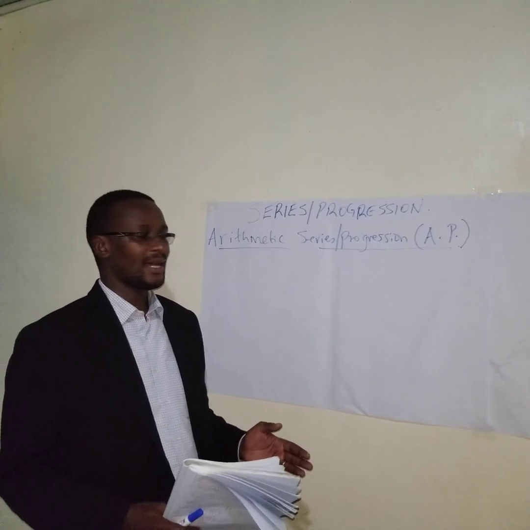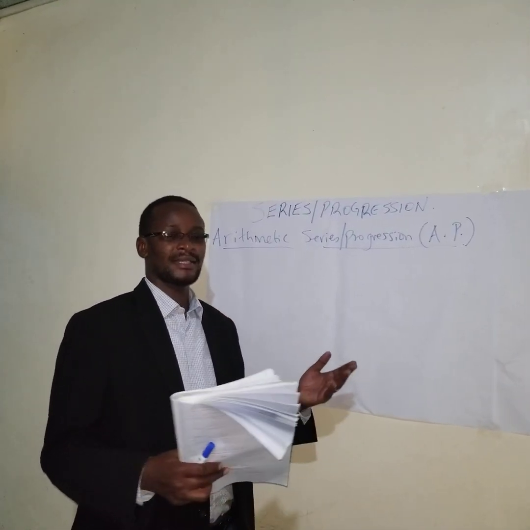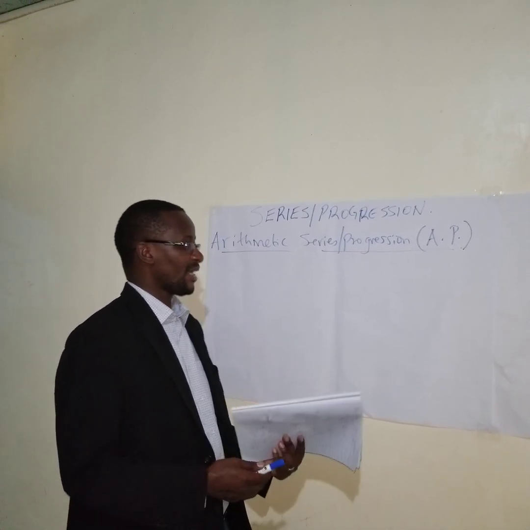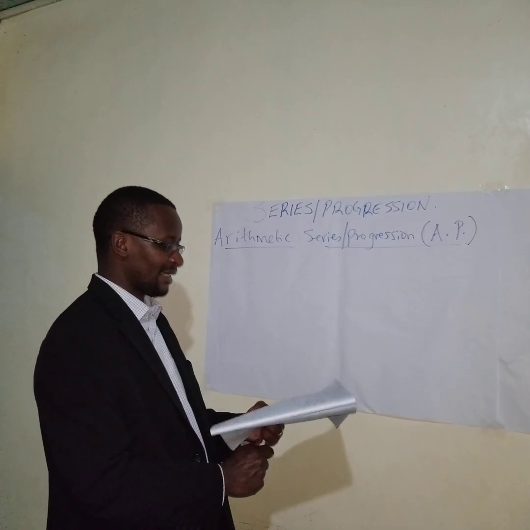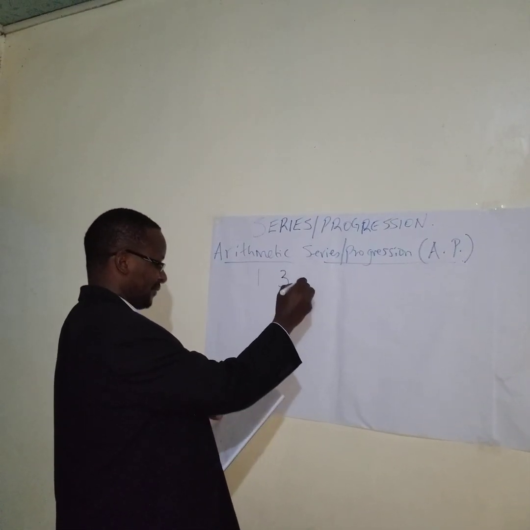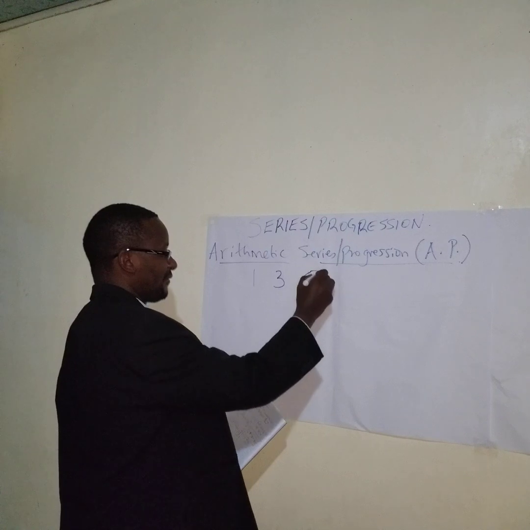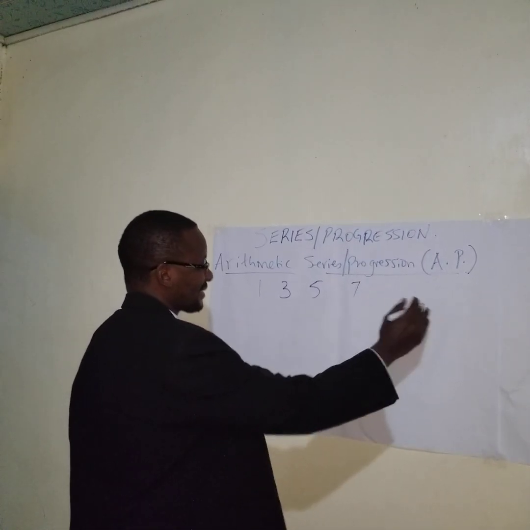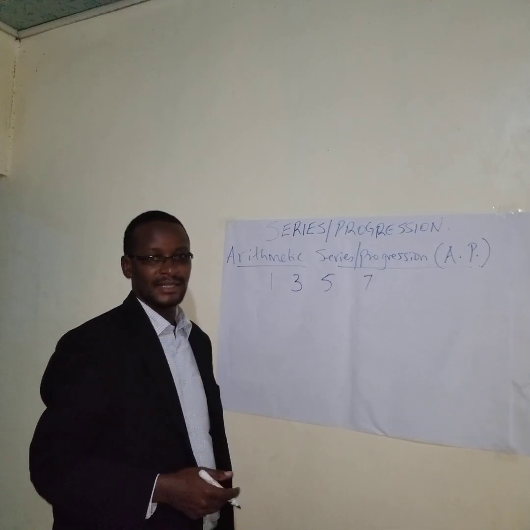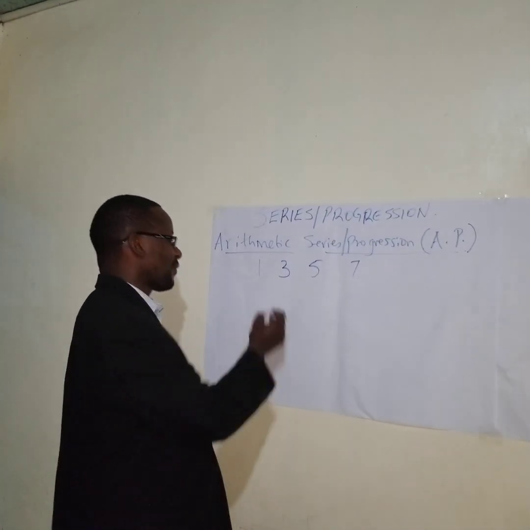Series is just addition of the terms in a sequence. If you have these terms in this sequence, 1, 3, 5, 7, that's a sequence. Those are terms. You are putting a comma here for a sequence. But now for a series, we will be adding.